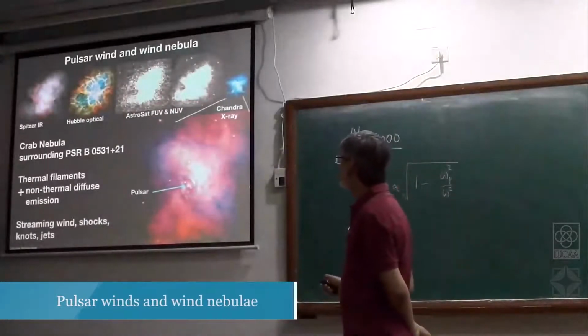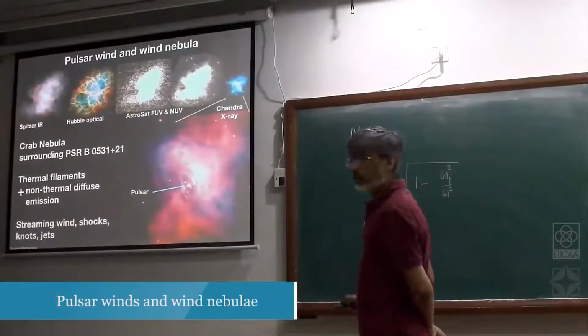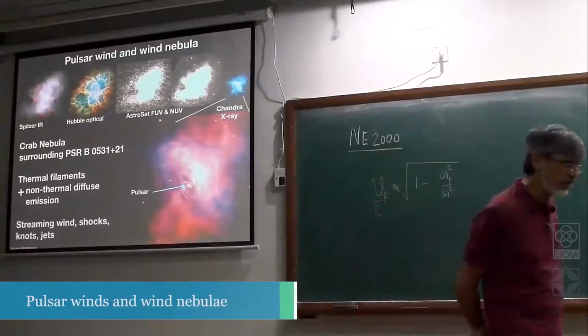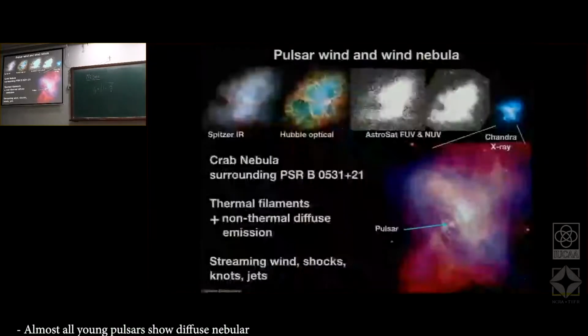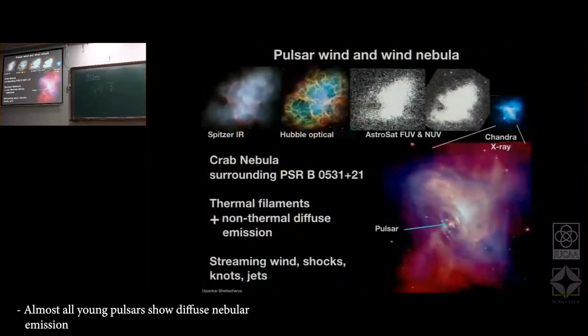So almost all young pulsars, which can be studied with some sensitivity, seem to show a diffuse nebula around it, sometimes big, sometimes small. And how big or how small it is depends on the environment.